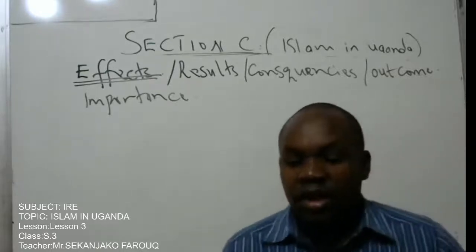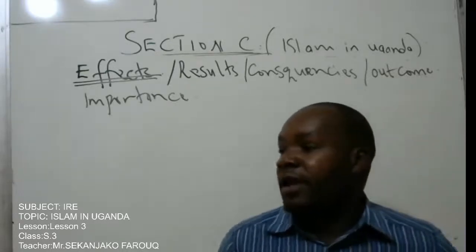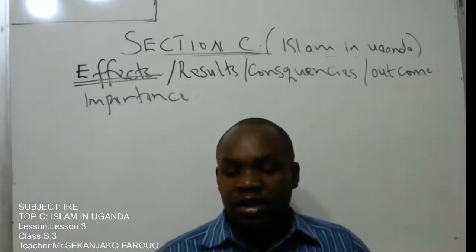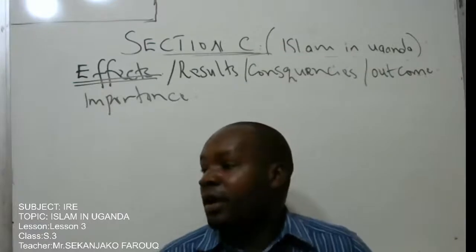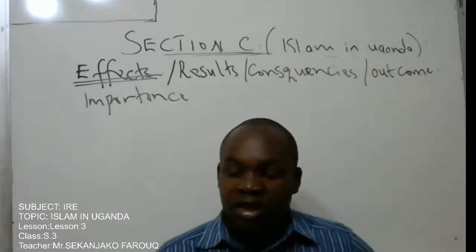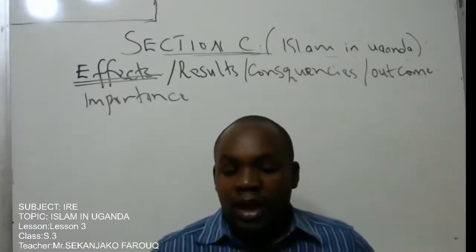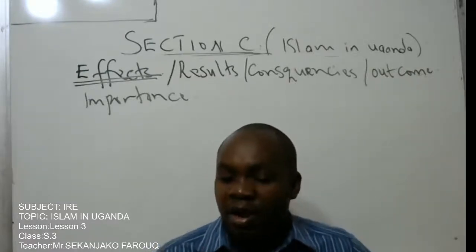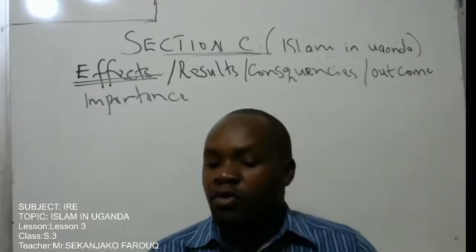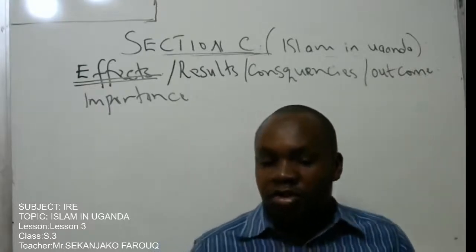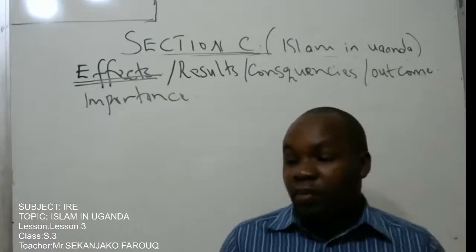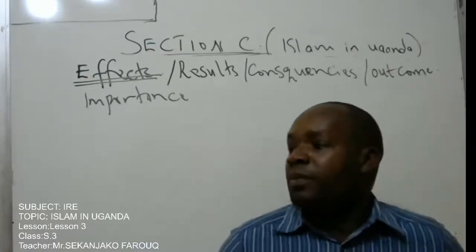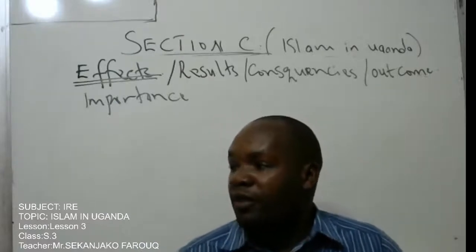Then the wars led to the signing of the 1890 agreement between Nuhu Mbogo and Captain Lugard, in which all the Muslims were disarmed, and the agreement further made Muslims move away from positions of power. And most of them, remember, during Mutesa's time, occupied all the important positions in the government.